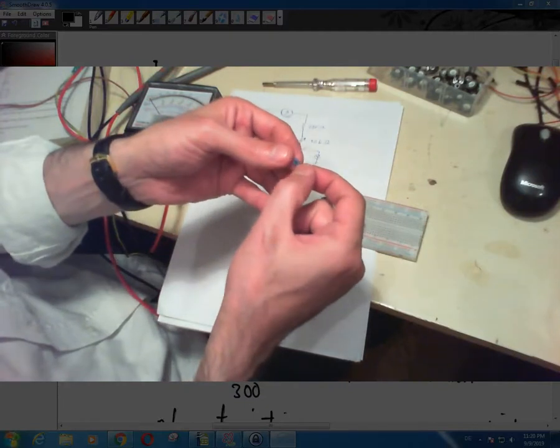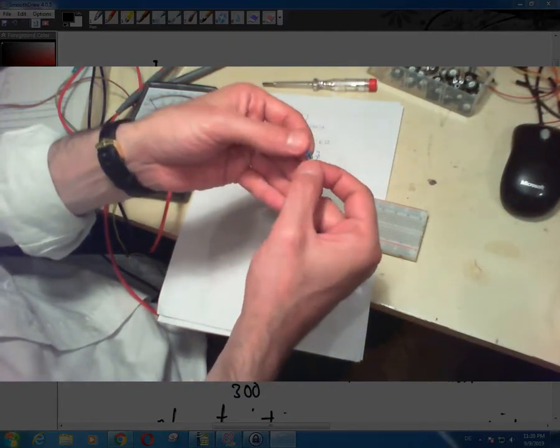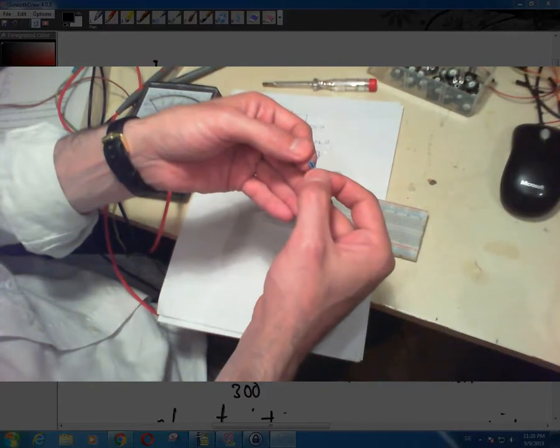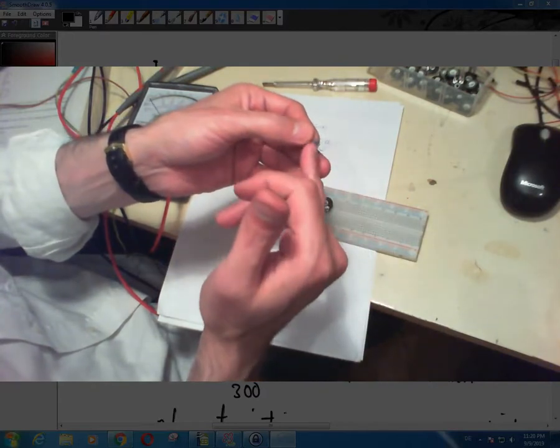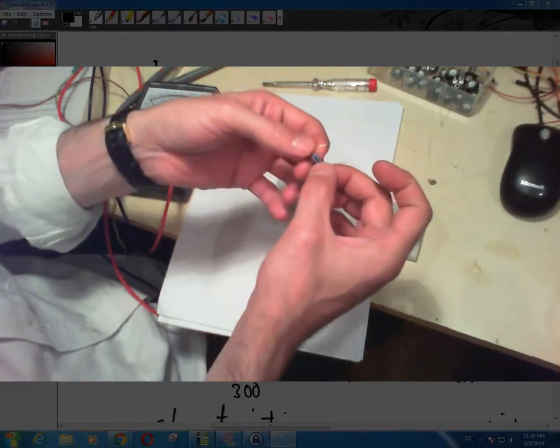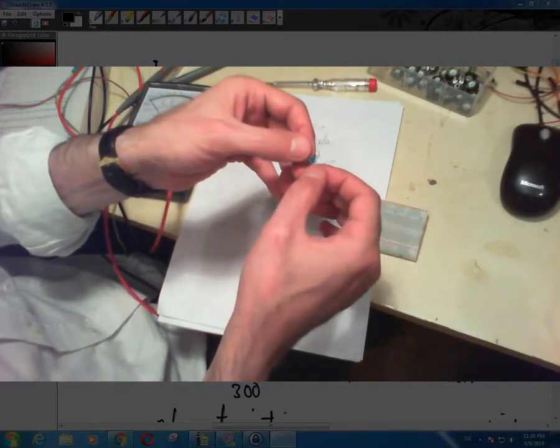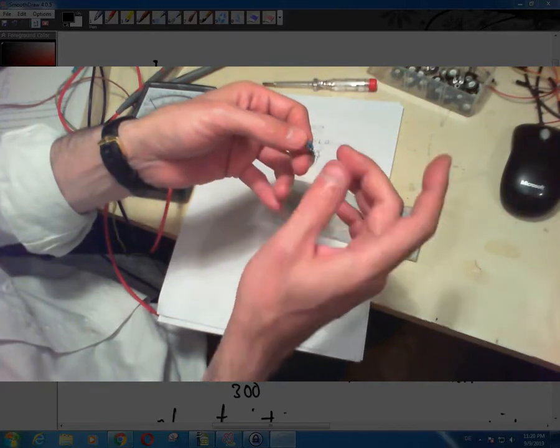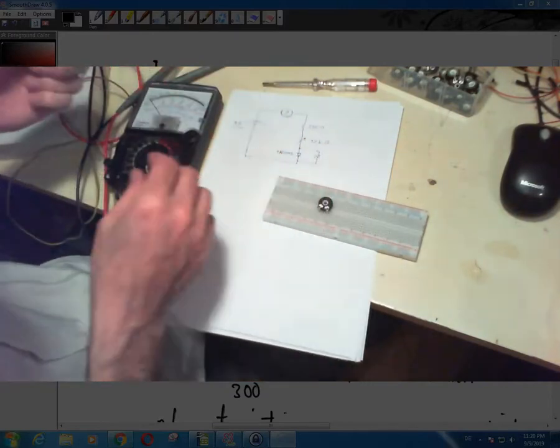This is two 680 ohm resistors in parallel, so you would get half of the resistance of either of those resistors, and they are the exact same resistors, so you get half of 680 ohms, which is 340 ohms approximately.